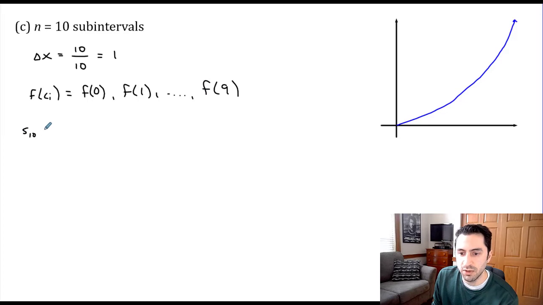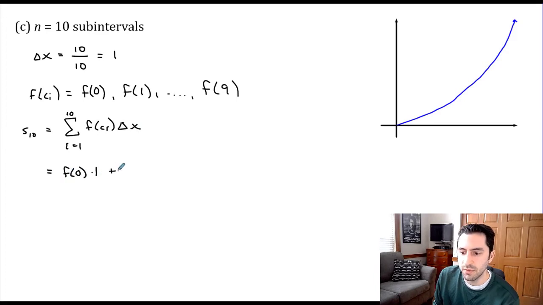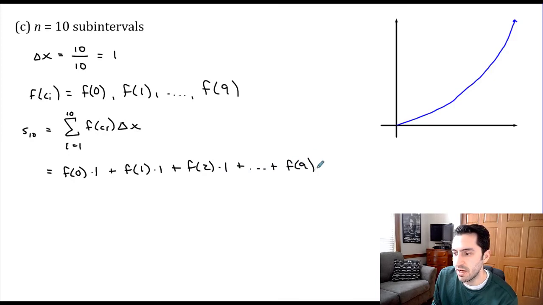So our sum of 10 rectangles, so sigma, and then we'll start at 1, and we're going to go up to 10, of f of c of i, so each height of the rectangle times the width of each rectangle. So we have f of 0 times 1, plus f of 1 times 1, plus f of 2 times 1, and so on. And our last rectangle will be f of 9, which also has a width of 1.